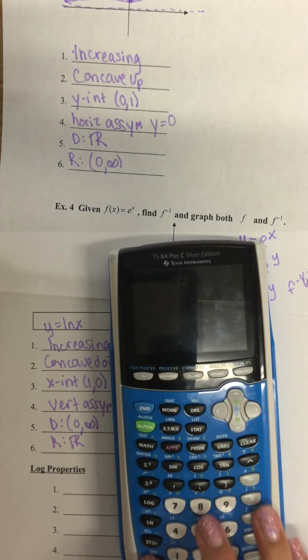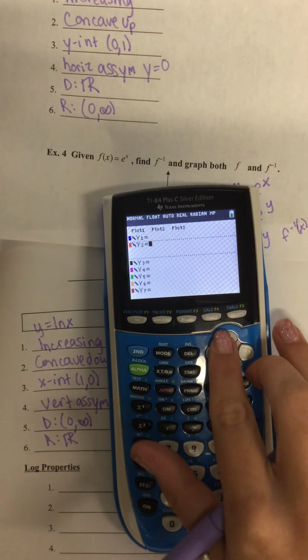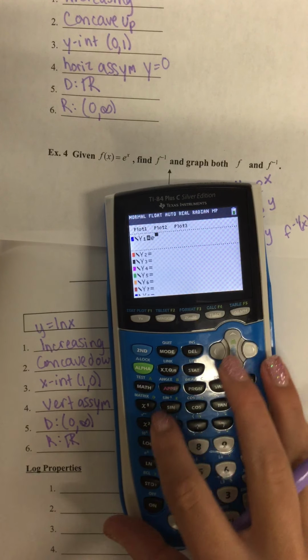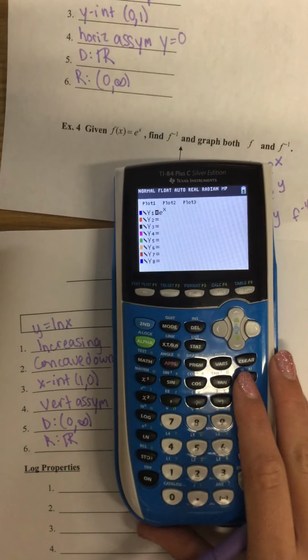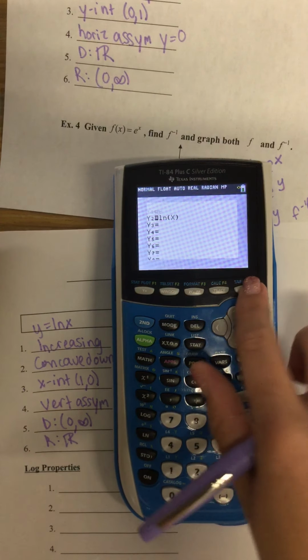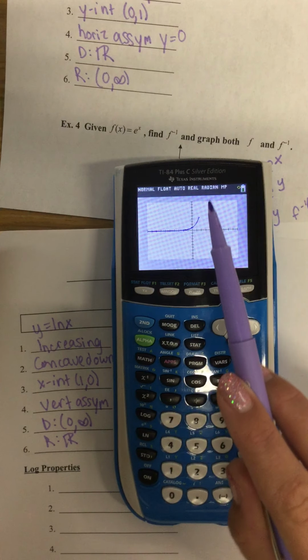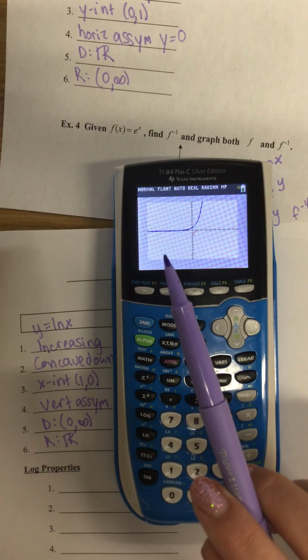So let's go ahead and just pull this up on the calculator. I want you to be able to do it without, but I want you to be able to see what's going on here, and then that way you can commit this to memory. So we have e to the x, and then we also have ln of x. So let's go ahead and graph these guys. As you can see, this was the original function, e to the x, very similar to our exponential function.